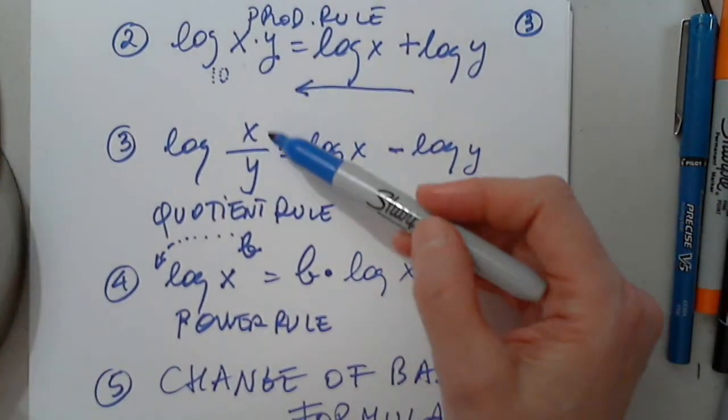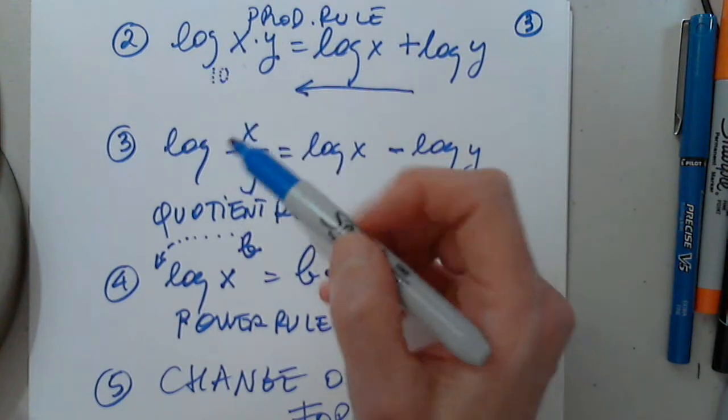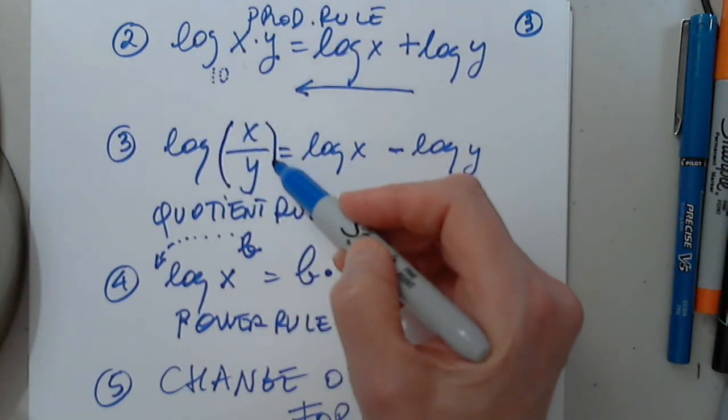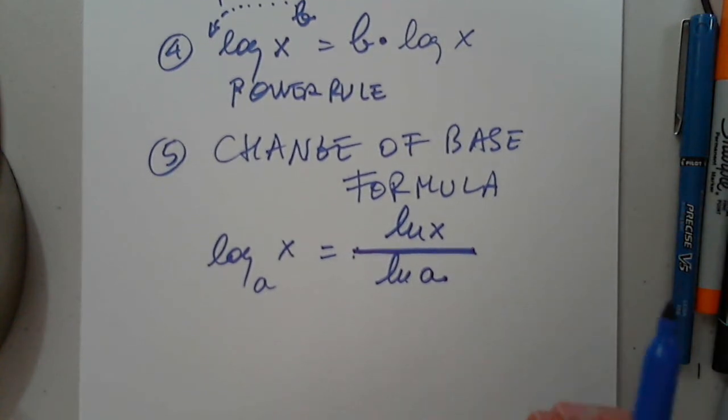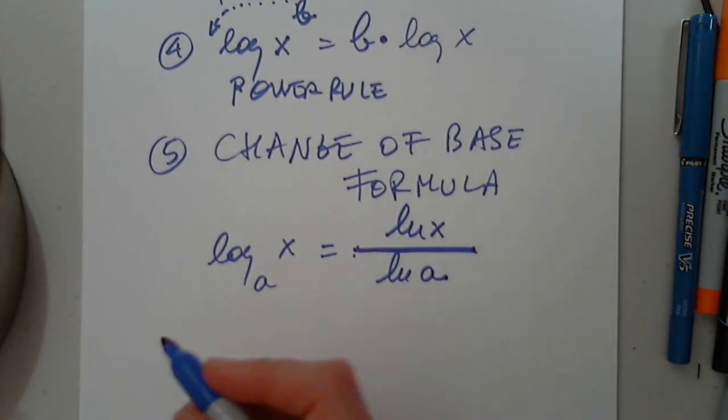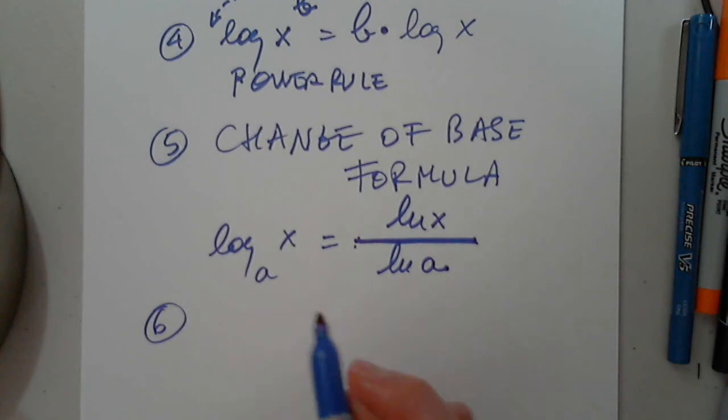Notice that this has nothing to do with this. This is log applied to a quotient, and this is the quotient of two logs. Natural log of x over natural log of a.